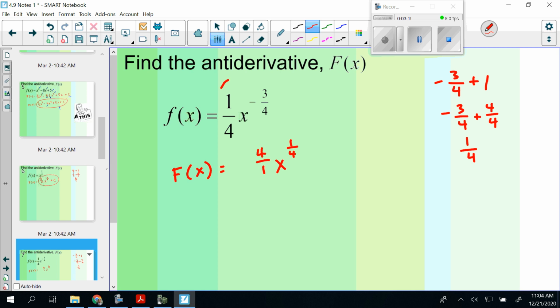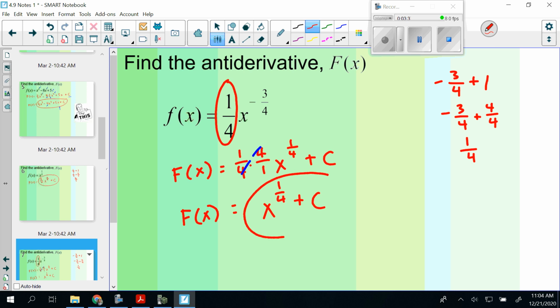We already had a 1/4 here, so that should get carried through. And then plus a possible constant. And then if we simplify this one, it looks like that 1/4 and 4 here will cancel out, so it'd just be x to the 1/4 plus c. Again, you don't have to show this step if you don't want to. If you can do that all in your head as we try more of these, you certainly can just write down the antiderivative.